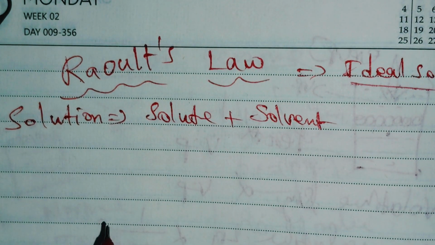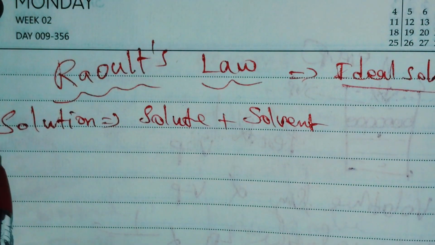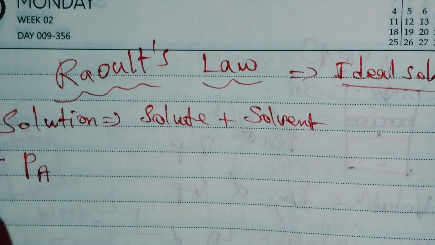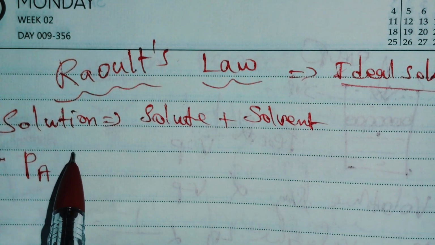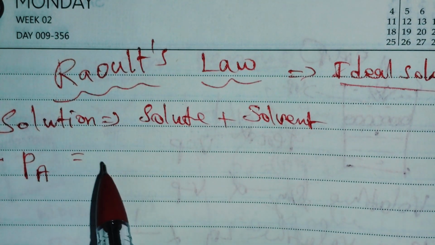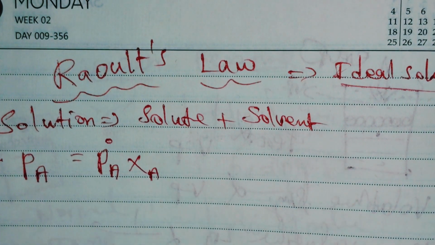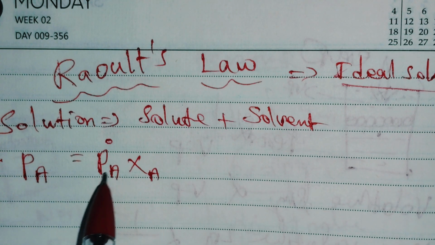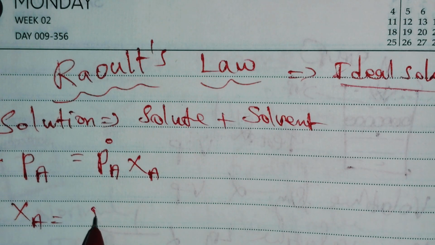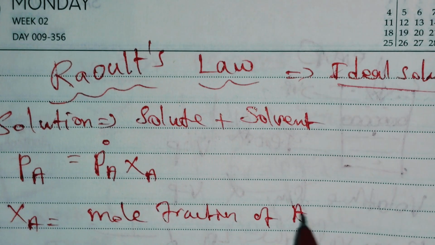Now, the quantitative relation between the partial vapor pressure, if you assume component A, is that the partial vapor pressure is equal to P naught of A times X of A, the mole fraction of the component in the solution. Here P naught of A is the pure solvent and X of A is the mole fraction of A.